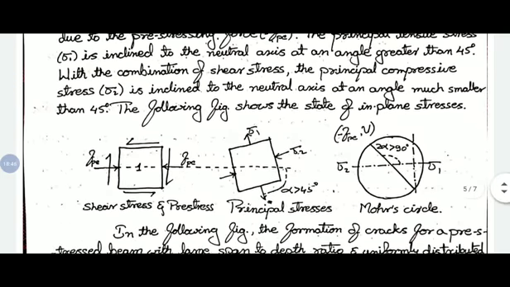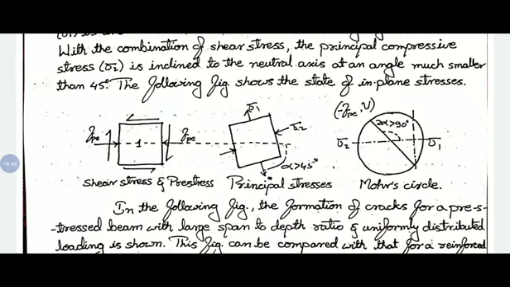In this figure you can observe the state of plane stresses. FPE is the effective pre-stressing force. Sigma 1 is the principal tensile stress and sigma 2 is the principal compressive stress. In this, the Mohr circle shifts towards the principal compressive stresses.